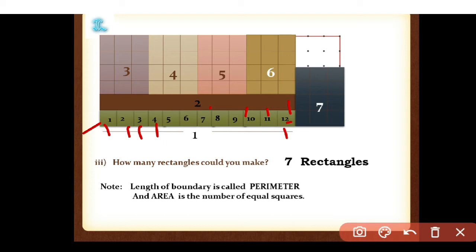And if we count the area like 1, 2, 3, 4, 5, 6, 7, 8, 9, 10, 11, 12, that is the area. There is a video on area and perimeter already, and the link is given in the description. Please check out that once before going to this chapter.